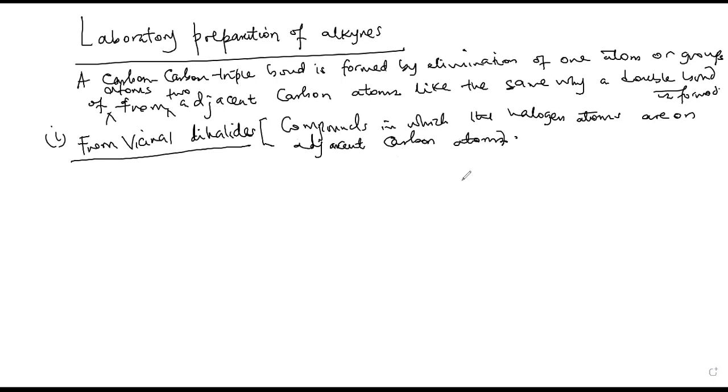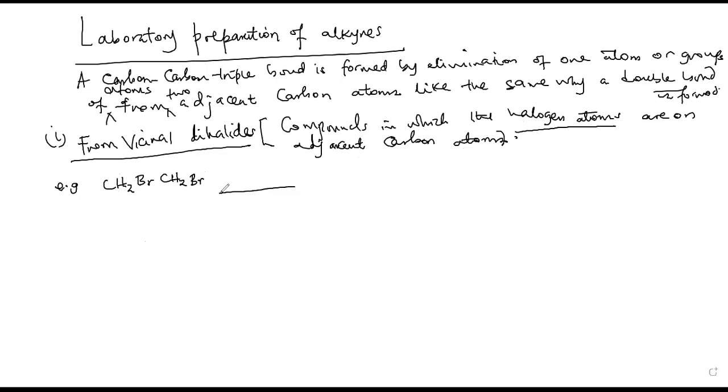For example, if you write CH2Br CH2Br, this is where we have the first bromine on the first carbon and another bromine on the second carbon, meaning that halogens are on adjacent carbon atoms.